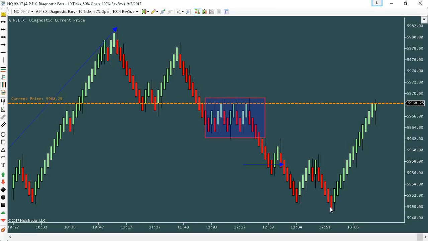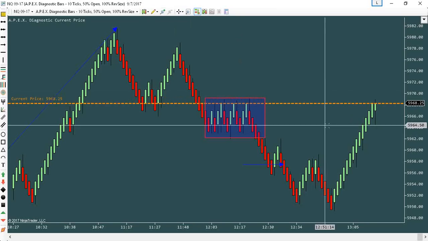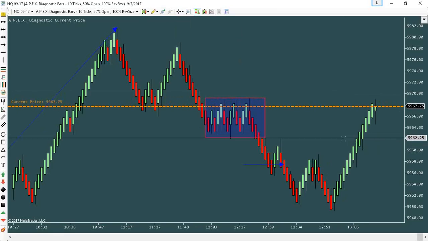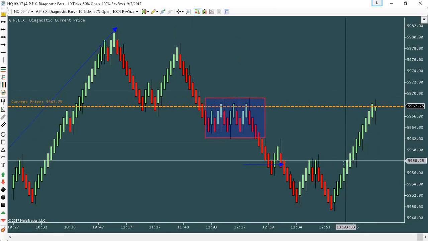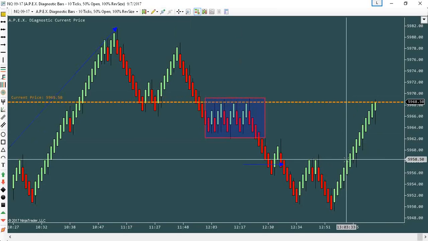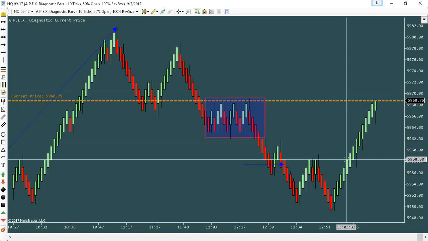Yeah? And then what? Comes up, comes up, comes up. Look at the time. Where was that bar right there? 13:05. So 1 o'clock was probably about right here. It probably came back up just a few ticks above and expired worth how much? 0. We've all seen that happen, right?